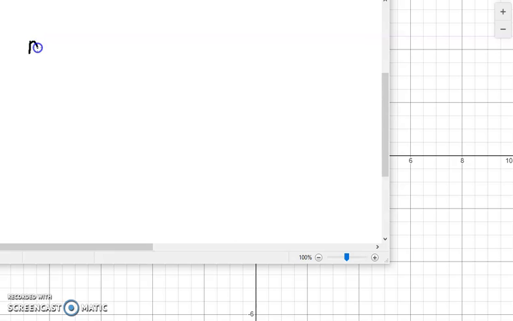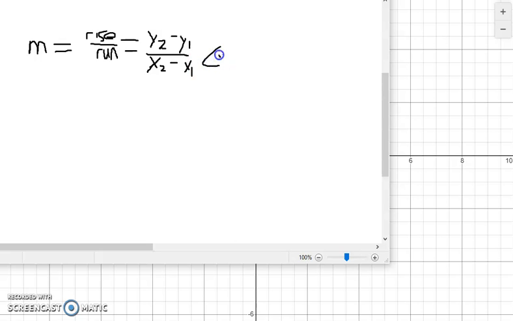So slope is written as m, and how you determine the slope, m is equal to rise over run, and in mathematical terms, it's y2 minus y1 all over x2 minus x1, where x1 and y1 is a point, and you have x2, y2.